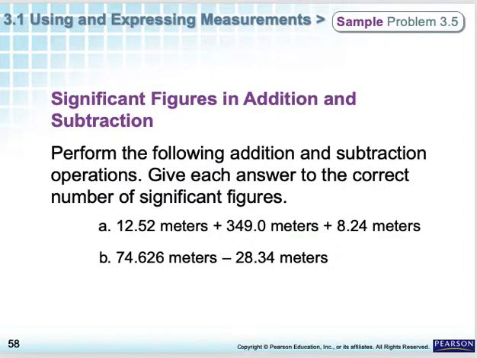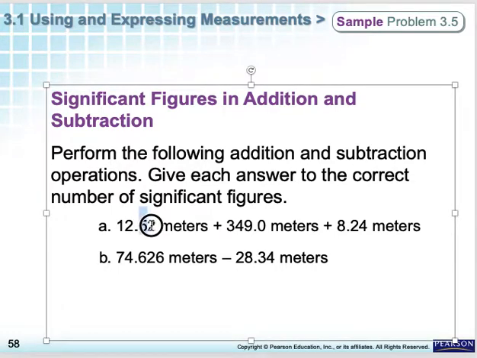So, if I have 12.52 meters plus 349 meters plus 8.24 meters. In this number, I have 2 decimal places. This number only has the tenths place, and this has to the hundredths. My answer will be rounded to the tenths place, or the first decimal point.